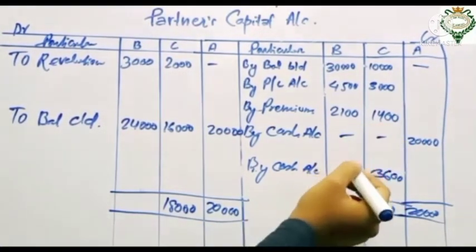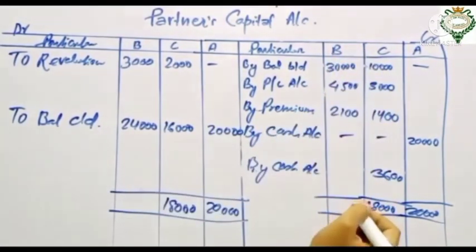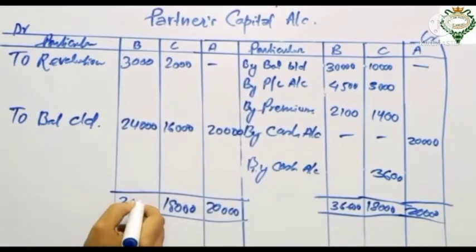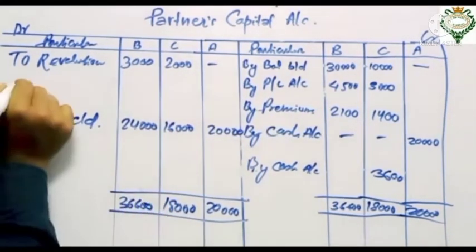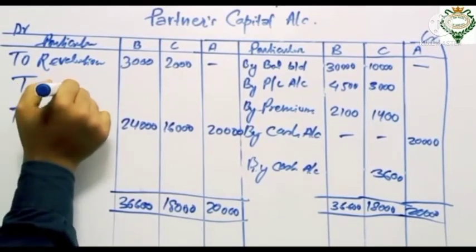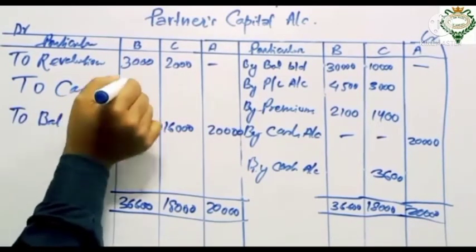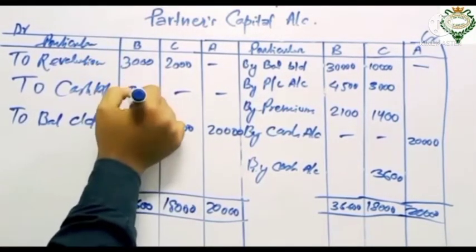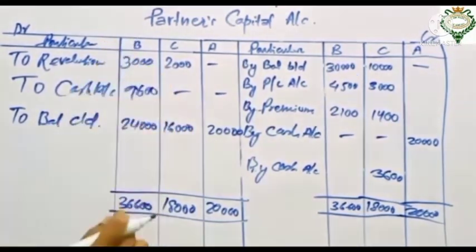Okay, and now add this one, here you will get 3,600. So here to cash account in B's, that is 9,600 to balance this one.